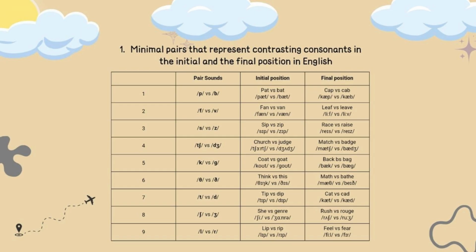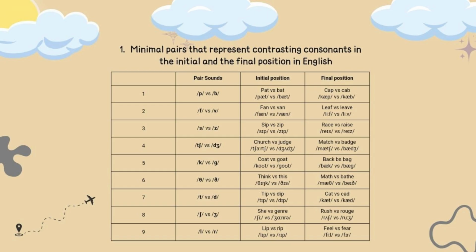The next is ch and j. These are post-alveolar affricates, a combination of a stop and a fricative. Now, k and g. These are velar plosives, produced at the soft part of the roof of your mouth. Now, th and th.